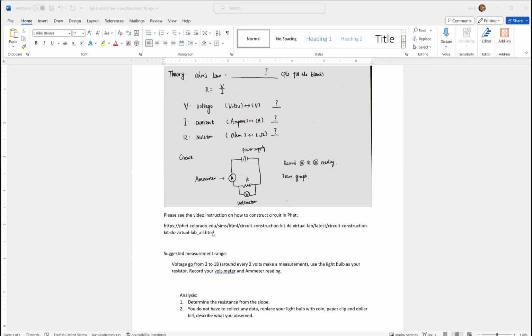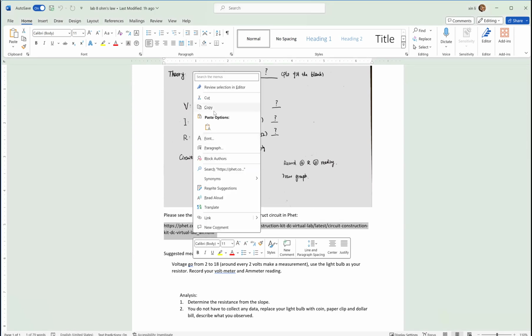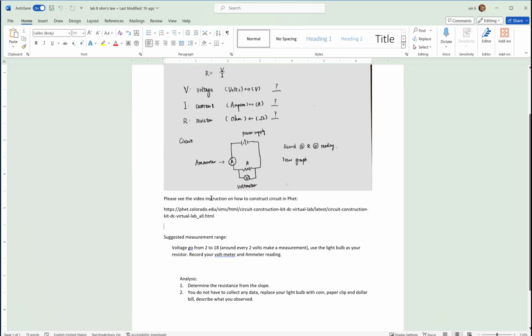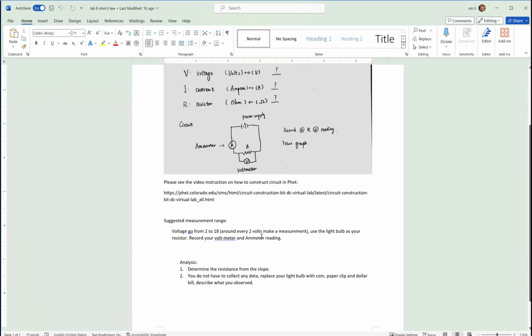Okay, I'm going to open my simulation. So this is the link to the simulation. You can copy this to your web browser, and then you can do your simulation, make the connections. And we have a measurement here. I'm going to go over the measurement in our simulation, and you can see how it works.